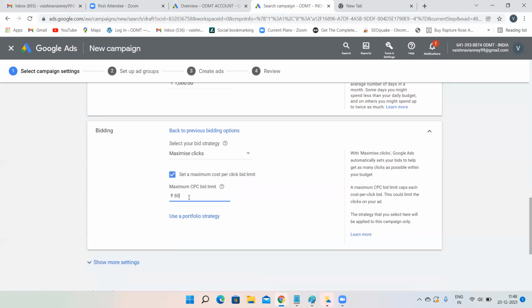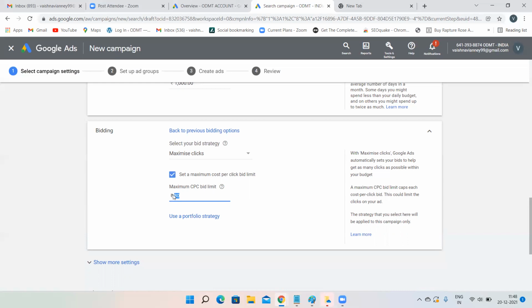Will Google take 82 rupees for me or will Google take only 80 rupees for me and keep it in the second position? Which one Google will choose? Google will try to take 82 rupees from me or, yeah, tell me, Pranita. Only 80 it will take. Yes, only 80. You have to compromise your position over here.